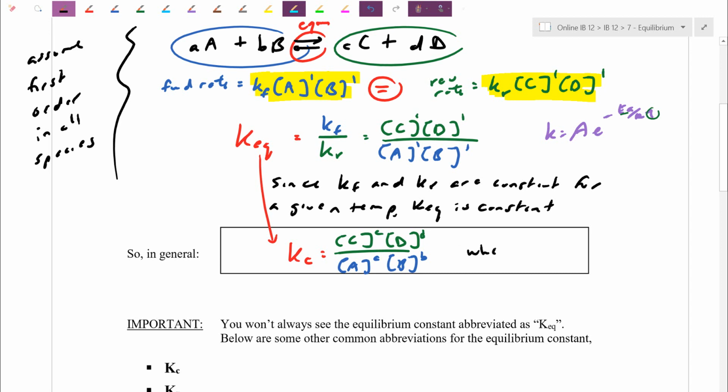This time I want you to note where the a, b, c, d are the stoichiometric coefficients. Remember, in the last chapter, we were making this big deal and saying you can't just look at the coefficients and predict what the order of reaction is. That still is true. But in this case, it will be the coefficients that actually enter our KEQ expression, our Kc expression. So these are the stoichiometric coefficients.